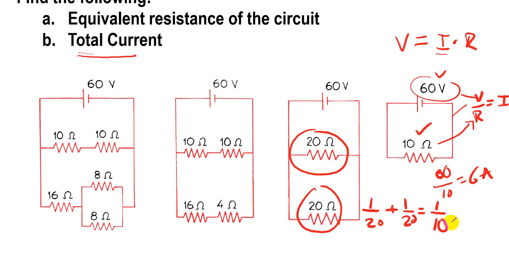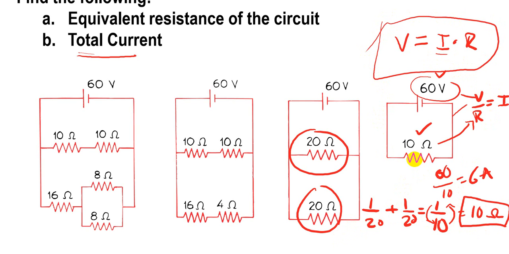So 1 over 10, flip it over, and you get 10 ohms for that branch. Once we know the equivalent resistance, we use the same formula to find the current, and it happens to be the same number that we have.